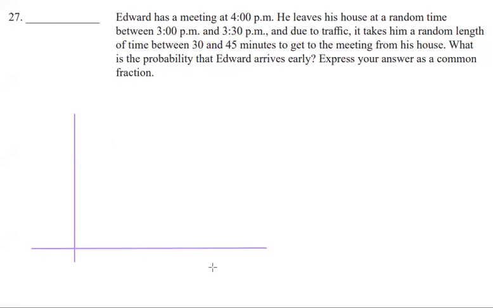Okay. So to see how that looks, I'm going to use the x-axis as his leaving time, and then the y-axis as arriving time. Since he is going to leave between 3 and 3:30, I'm going to divide the x-axis into intervals between 3 and 3:30.